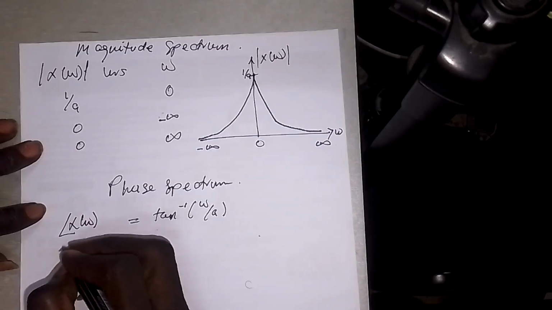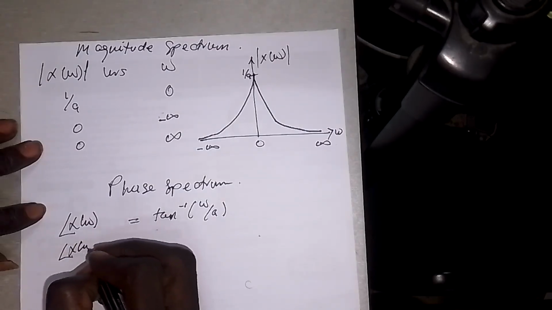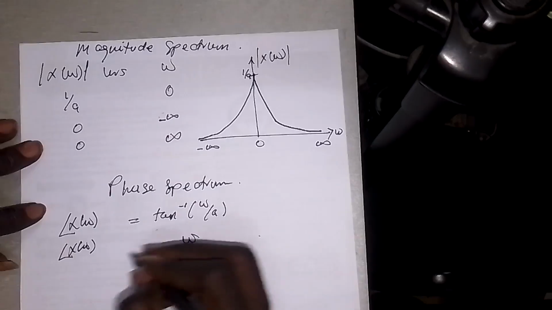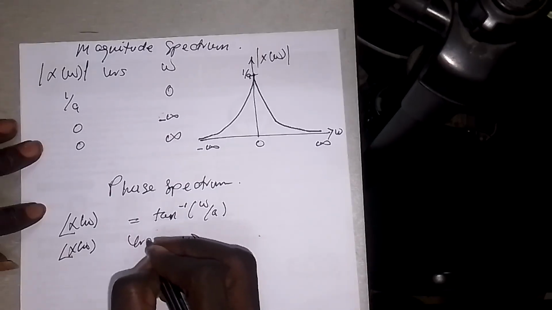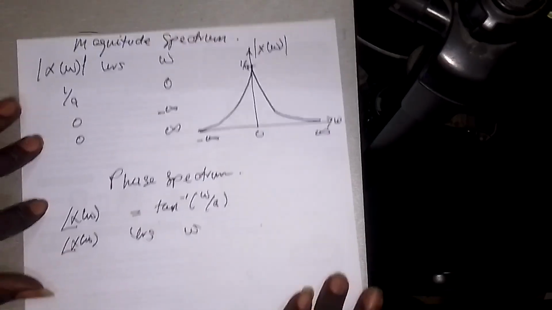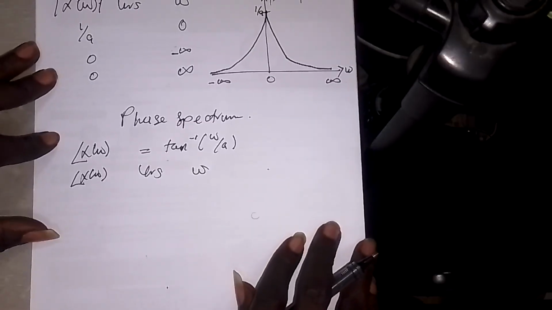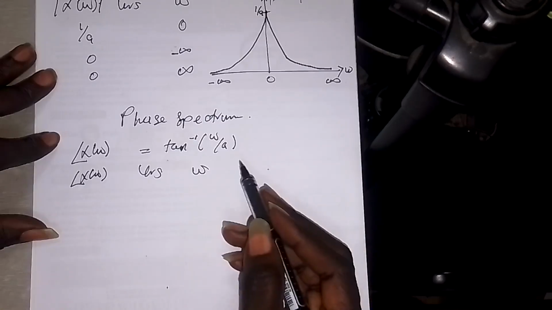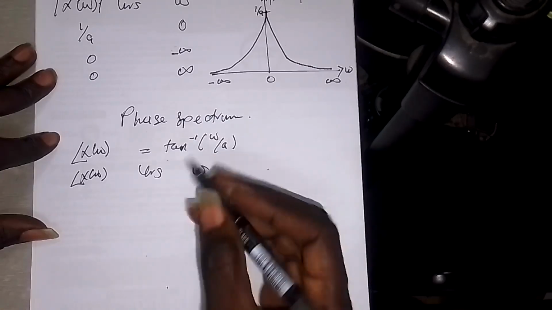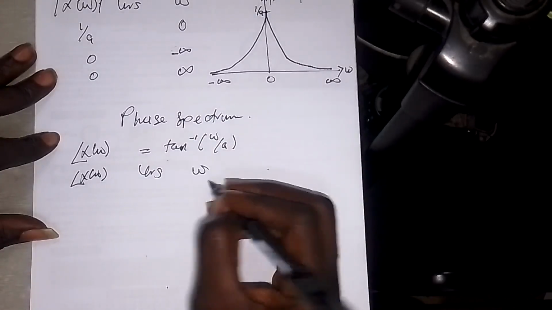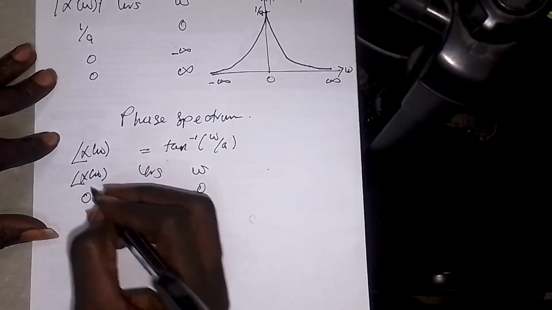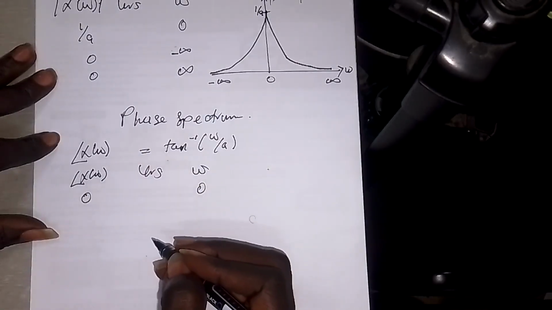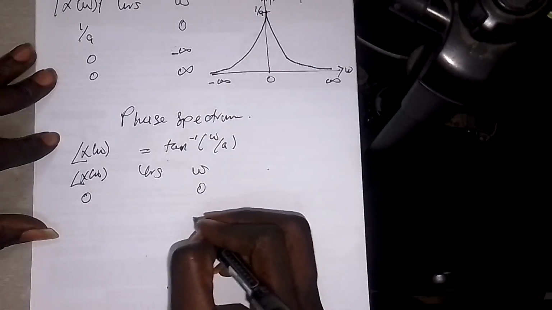Okay, so here X of omega versus omega. So now here what I'm going to do is, let's say omega is 0. What is the tan inverse of 0? If omega is 0, tan inverse of 0 is 0. So here it will also be 0.